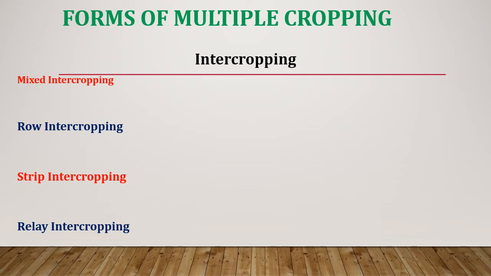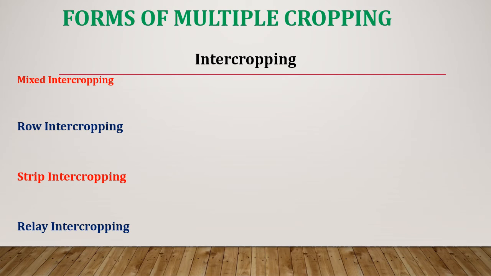Next one is row intercropping. Growing two or more crops simultaneously where one or more crops are planted in rows, often simply referred to as intercropping. Maize plus green gram in 1:1 ratio, maize plus black gram in 1:1 ratio, groundnut plus red gram in 6:1 ratio.